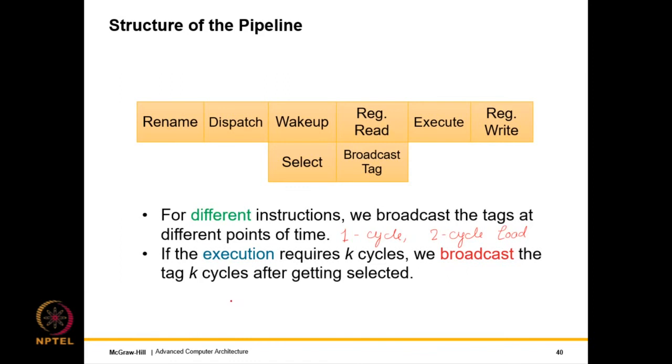And so if you would recall, I had asked a question several slides earlier. What I had said is, why don't you actually broadcast values? Why do you broadcast tags? So the answer should be clear at this point. Let me just write this down.